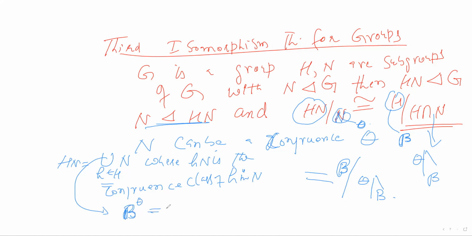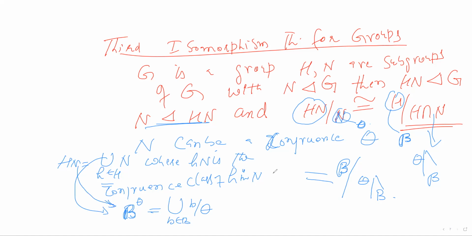B theta was union of the theta classes of b belonging to B, means the theta classes of elements of B. Okay. So HN is in line with this B theta.